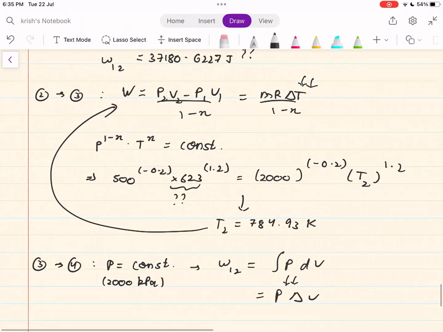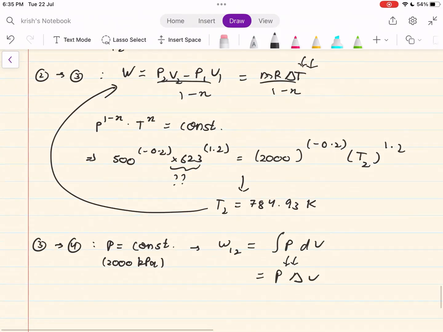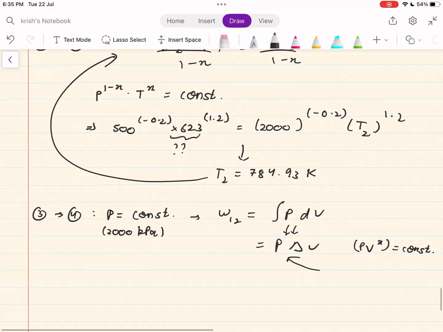So delta V can be calculated. From here, you can calculate the volume at the initial state. From PV to the power x is constant, you can calculate all of the other volumes required, plug them into this formula and get the answer.